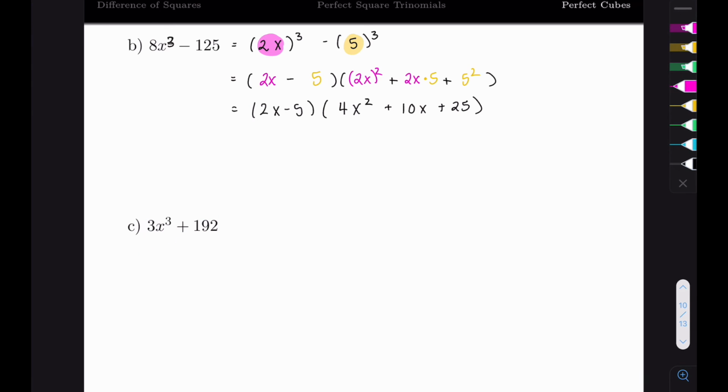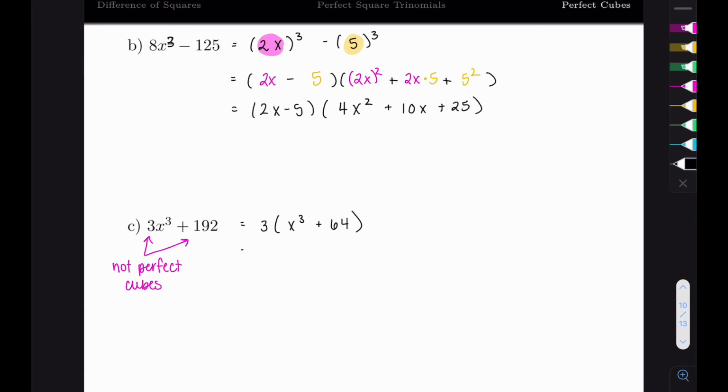So since they're not perfect cubes, but they have that x to the 3rd power, probably an indication that I need to take something out. So if you try doing 192 divided by 3, you can actually factor that out. It will leave you with 64.